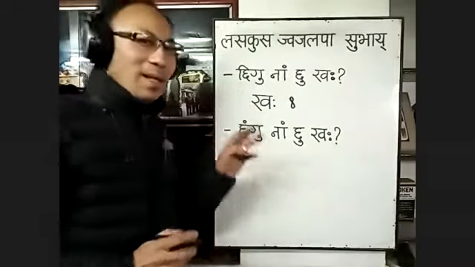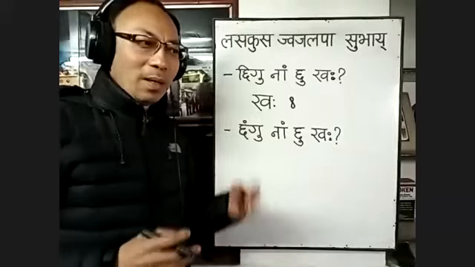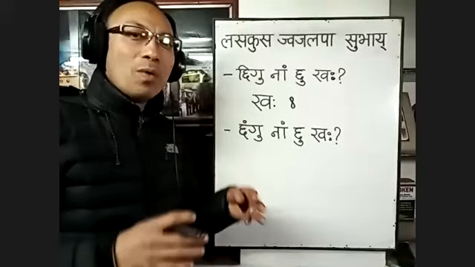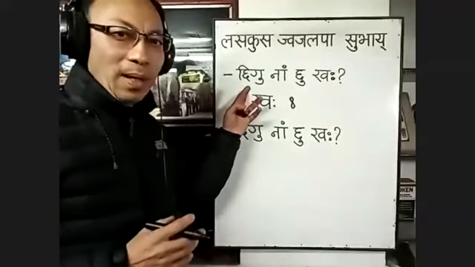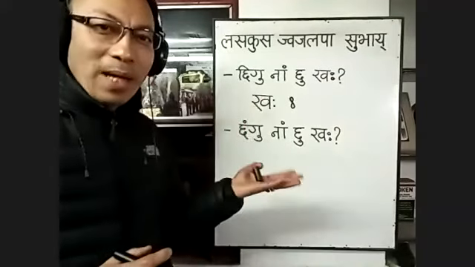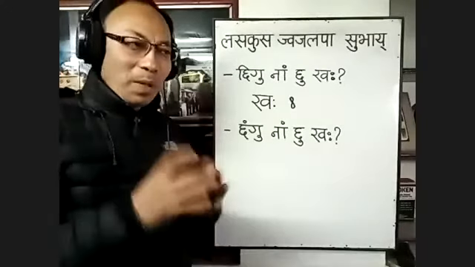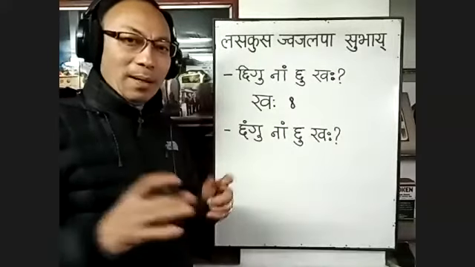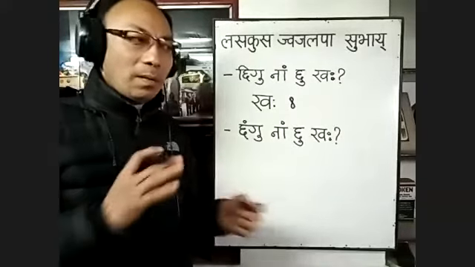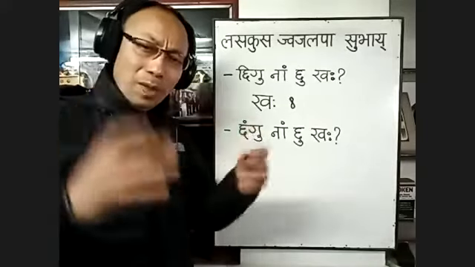Chigu means the respected person. When we address someone we need to respect, we say chigu, like tapai in Nepali, and changu means timi, the person who is closer to us, whom we don't need to give more respect.